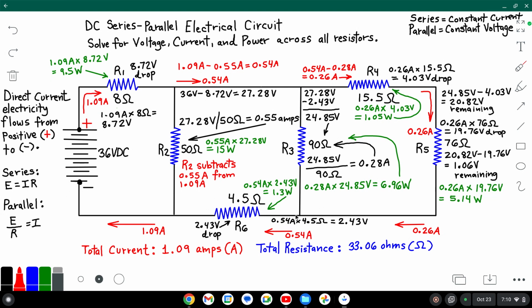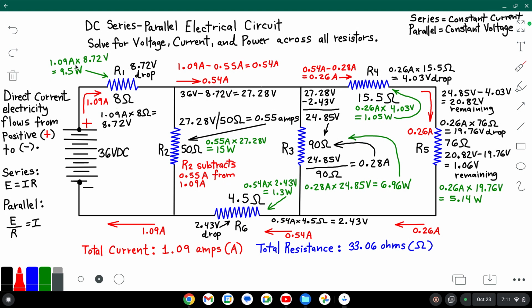We've already counted the corresponding or mirror pathway to ground, series R6, which also incurs the same corresponding current as its opposite side.